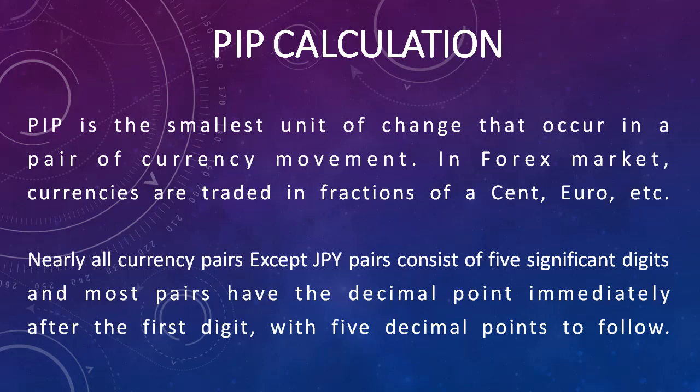And in the forex market, currencies are traded in fractions of euros and cents and rand, etc. Nearly all currency pairs like GBP pairs consist of 5 significant digits, and most pairs have the decimal point immediately after the first digit, with 5 decimal places that follow after it. That is 5 numbers that follow after the decimal point in most cases, especially non-JPY pairs.